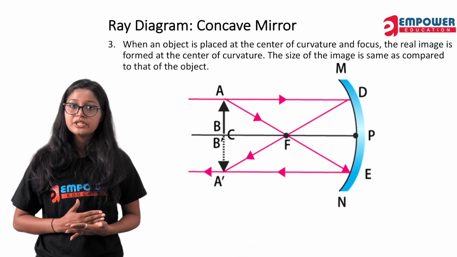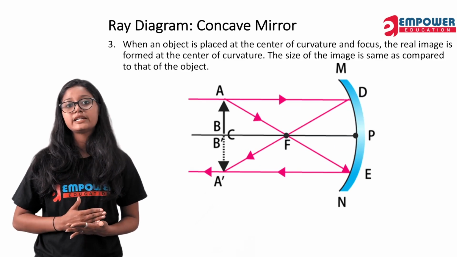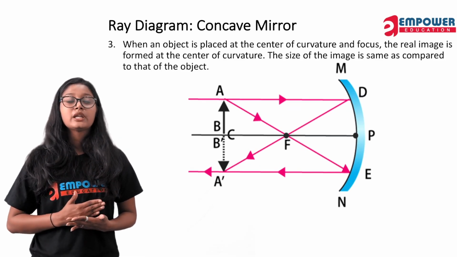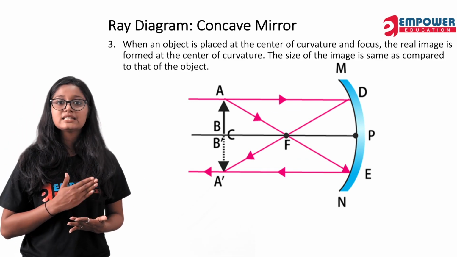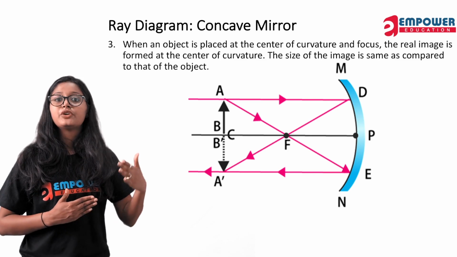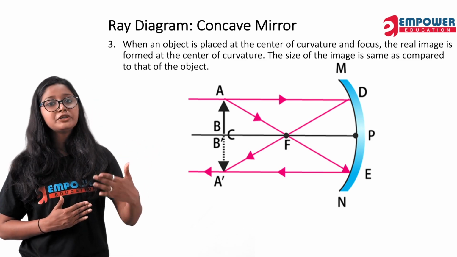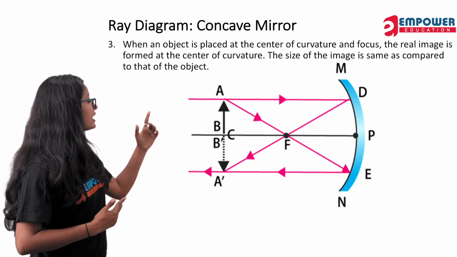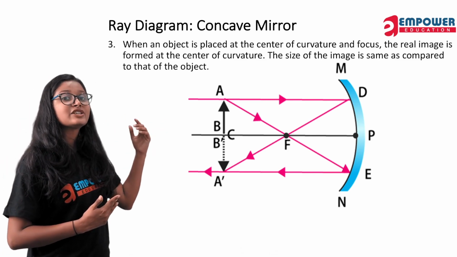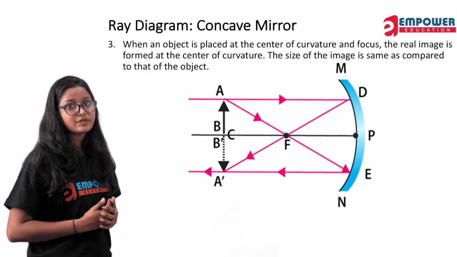In the third ray diagram, the object is kept at the center of curvature. Now you can see in this figure that a ray of light passes parallel to the principal axis and strikes the reflecting surface.